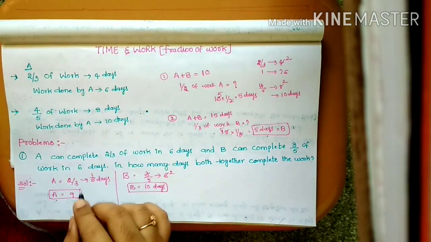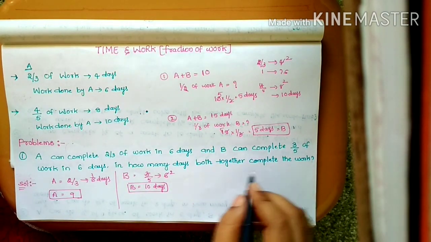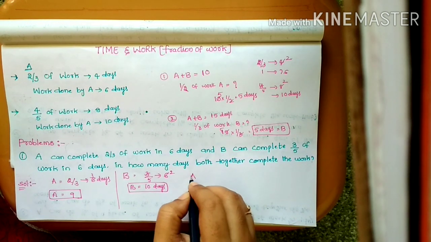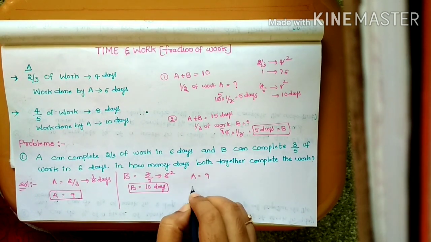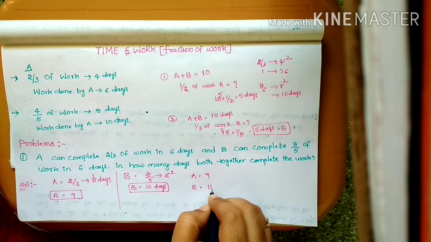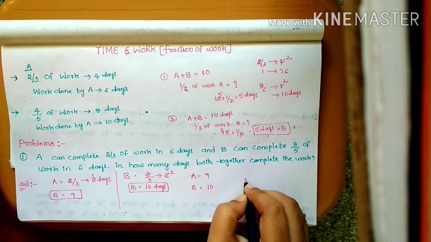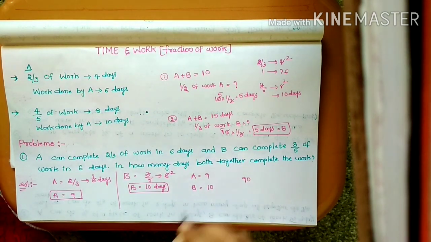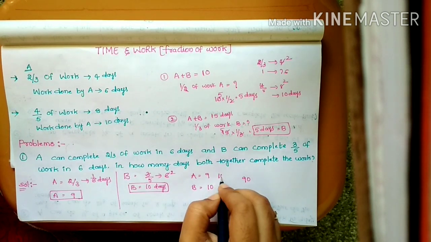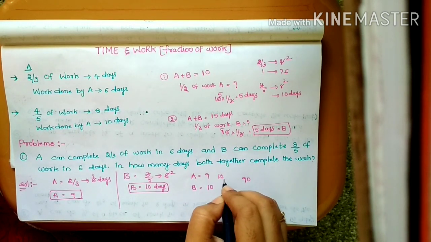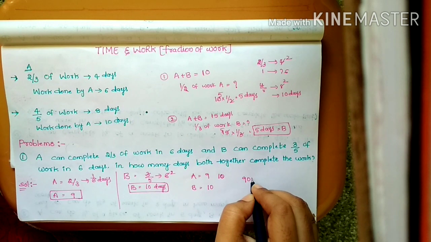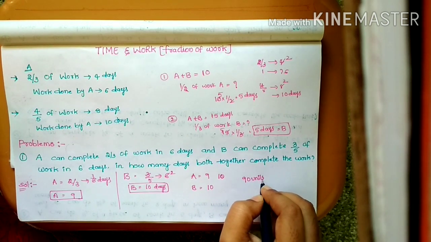So how many days both together? A is equal to 9, B is equal to 10. The LCM is 90. So 9 tens are 90; A is equal to 10 units per day. Total 90 units.